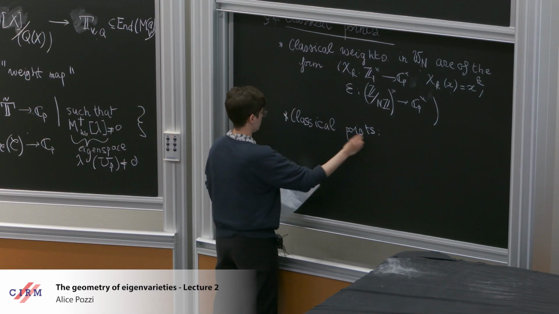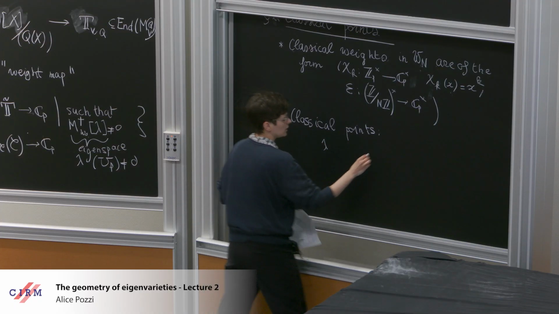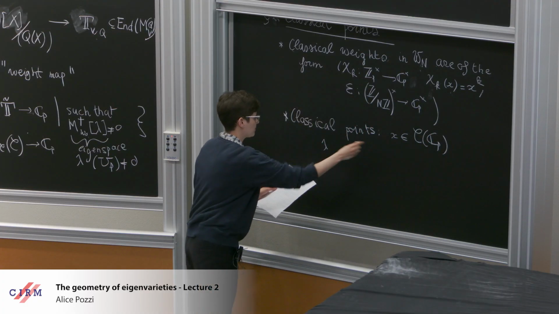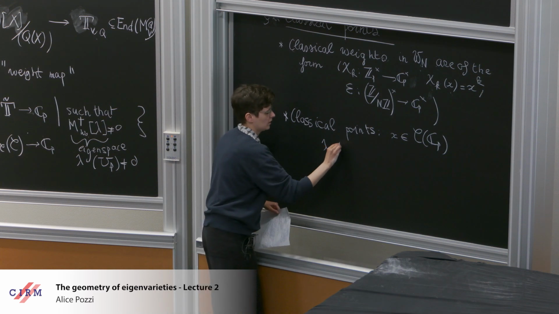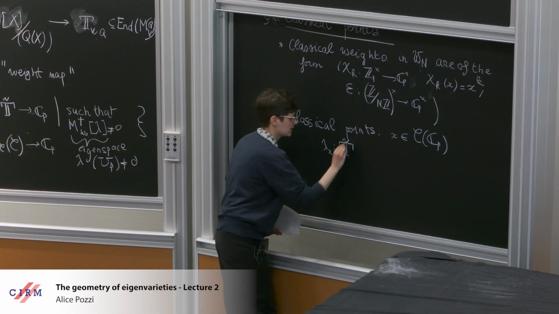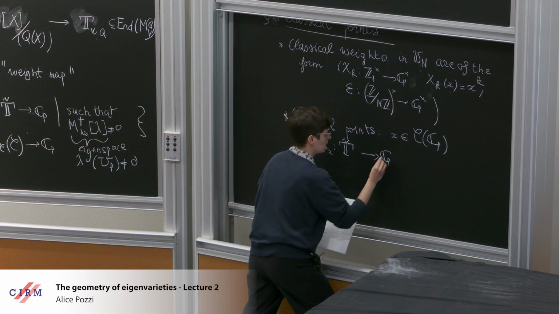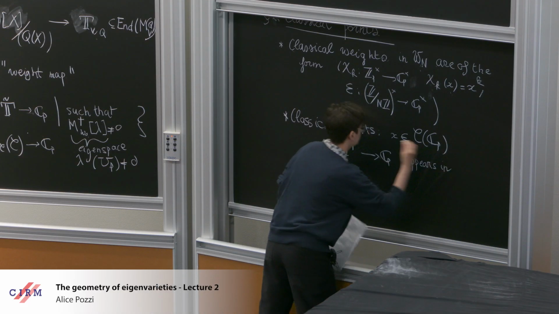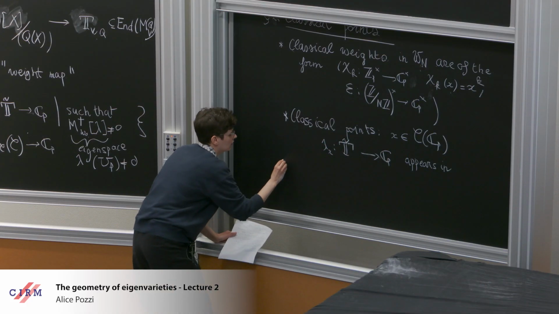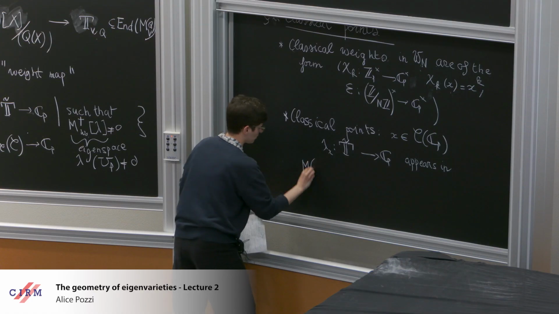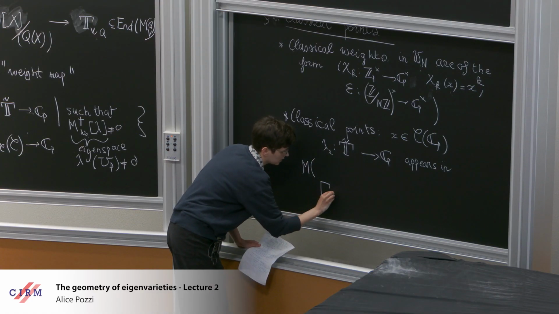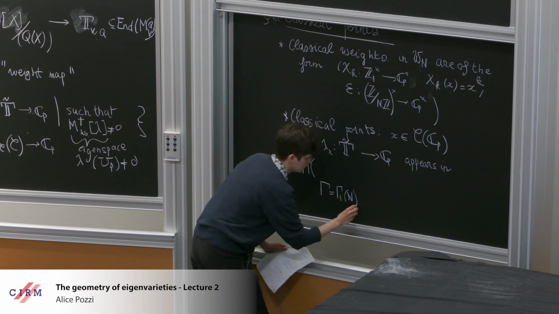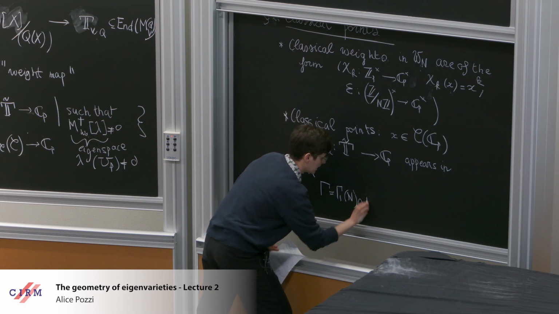So I want the classical points to be the x points in C_p-valued points such that the corresponding homomorphism gives the systems of Hecke eigenvalues of this guy appears in the space of classical modular forms that for our purpose, I'm going to denote gamma as gamma_1(N) intersect gamma_0(p).